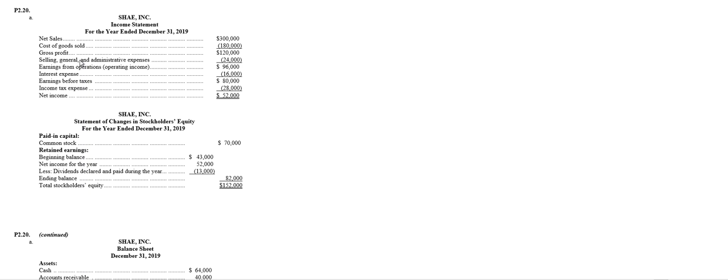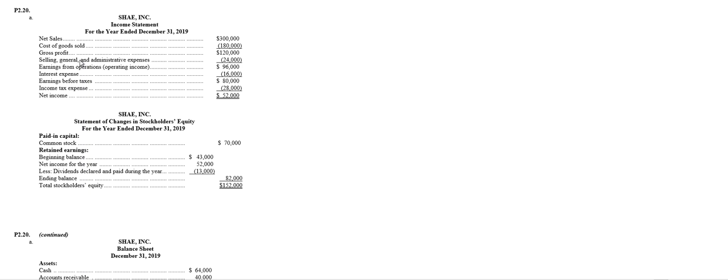And they usually consider interest expense, like on loans, to not really be a part of your earnings from operations. That's just servicing your debt, a cost associated with your debt, and they don't want to leave that in administrative expenses and not categorize it properly, so they separate that.